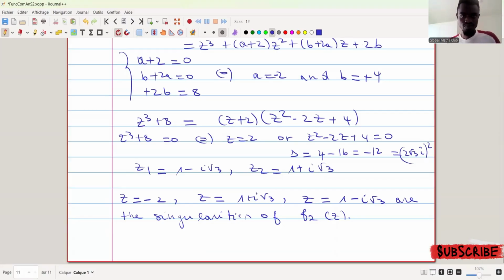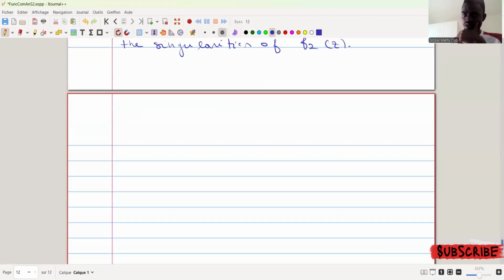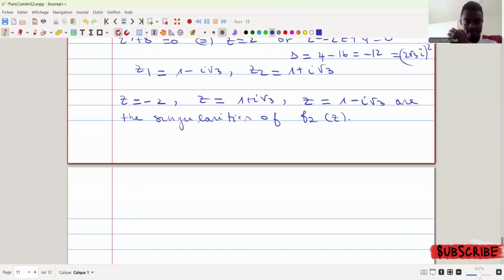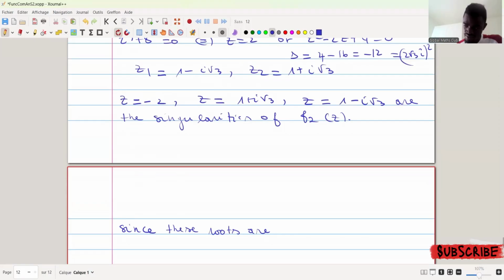Now, in which class do those singularities belong? Since the roots of the denominator are distinct, each gives a simple pole.